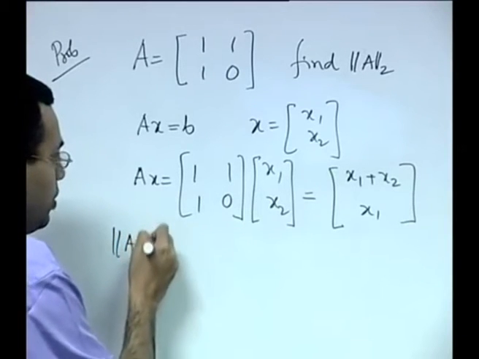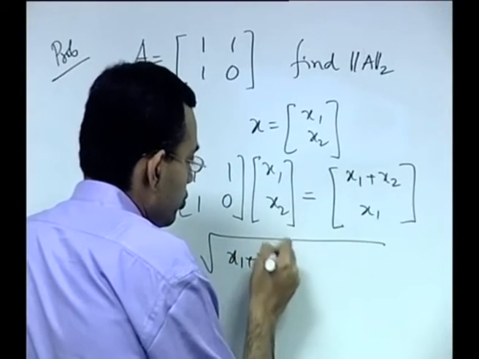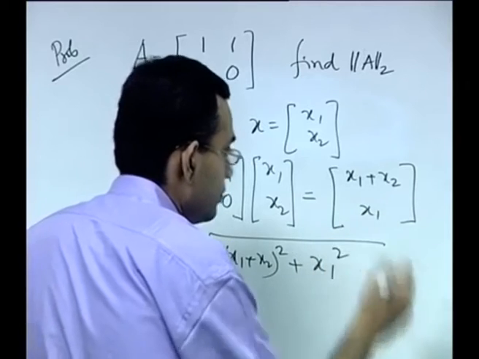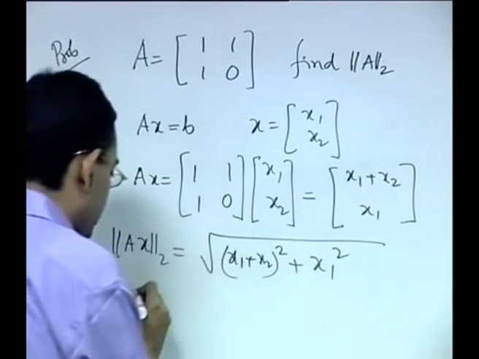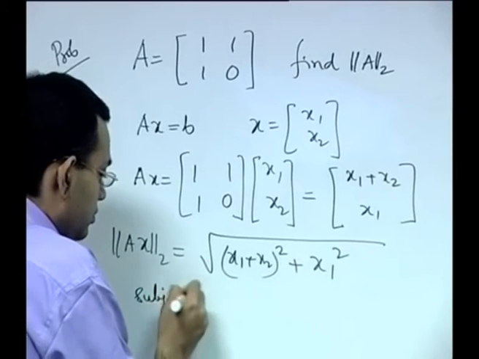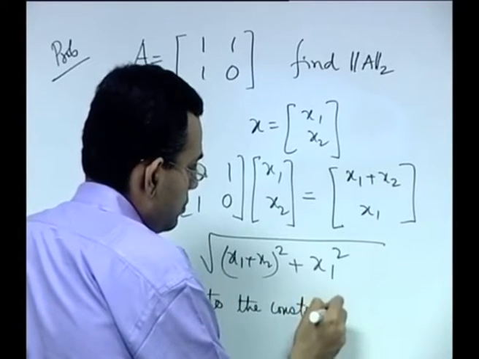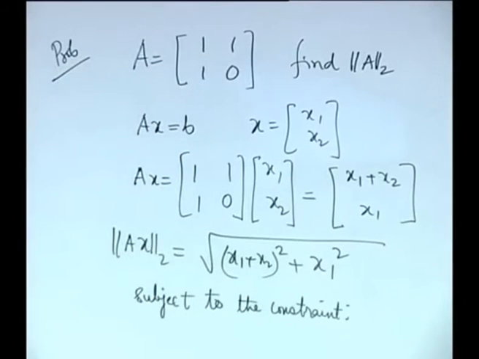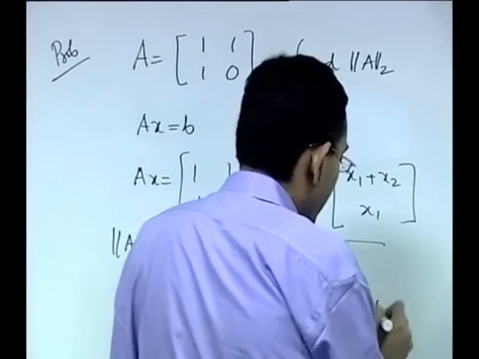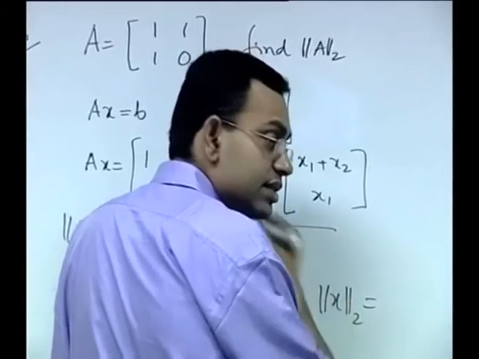So the second norm of Ax will be square root of x1 plus x2 whole square plus x1 square, subject to the constraint that the norm of x, the second norm of x, is equal to 1.